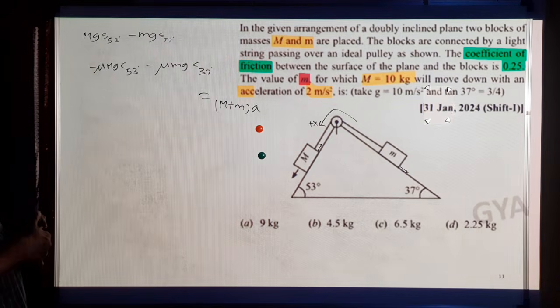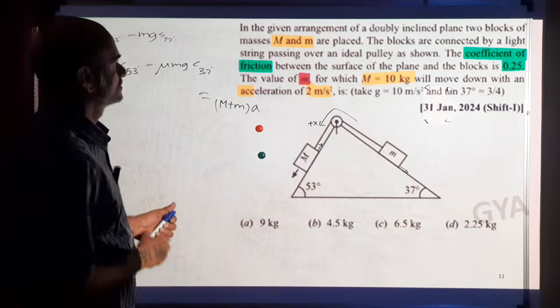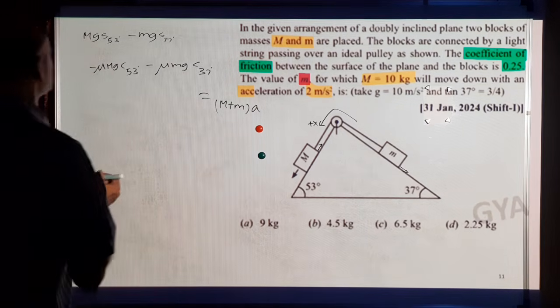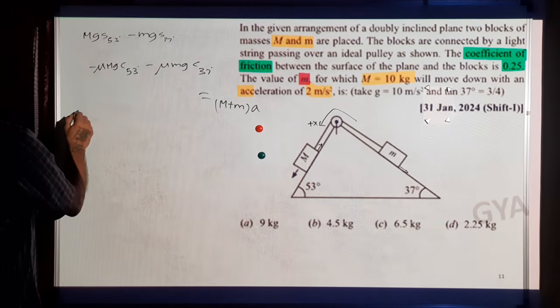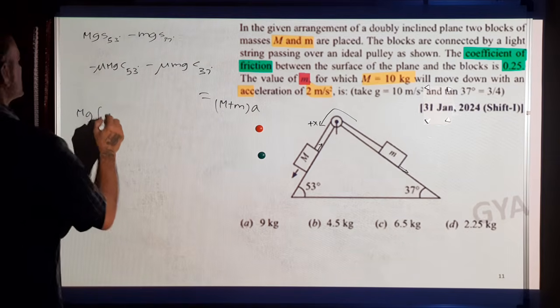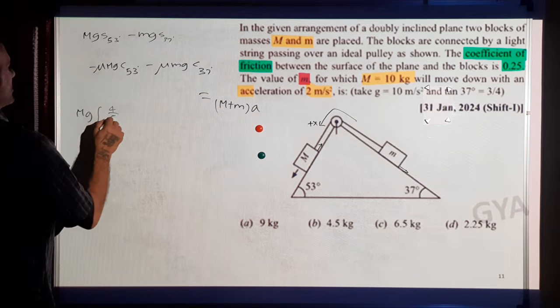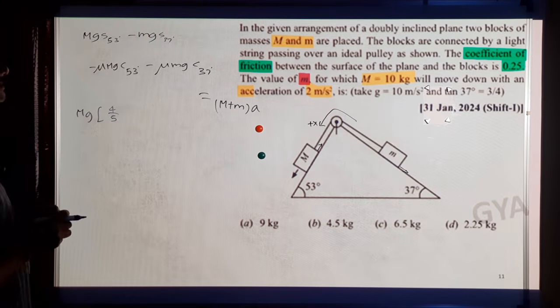So in this equation, everything is known except for the small m. So Mg I can take commonly outside. Sine 53 is 4 by 5. For sine, as the angle increases, the value of sine will increase.